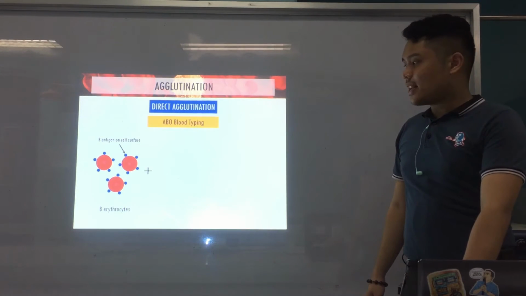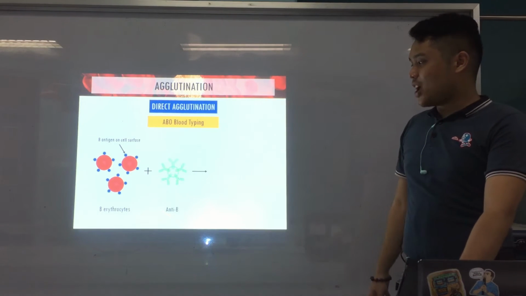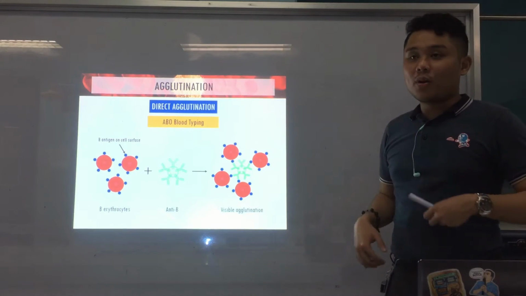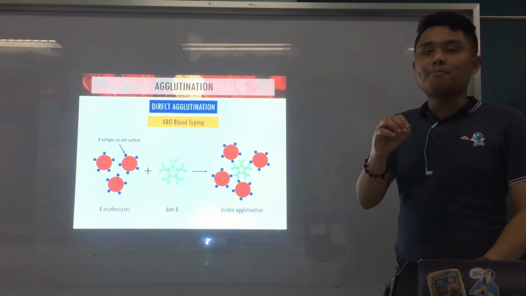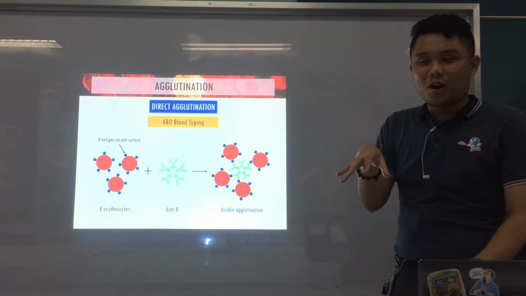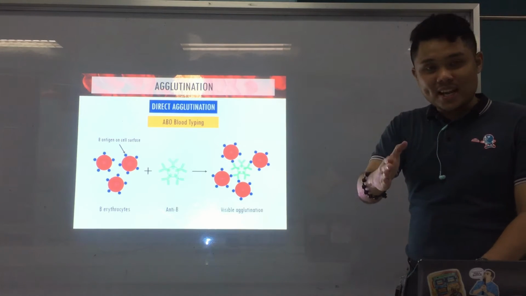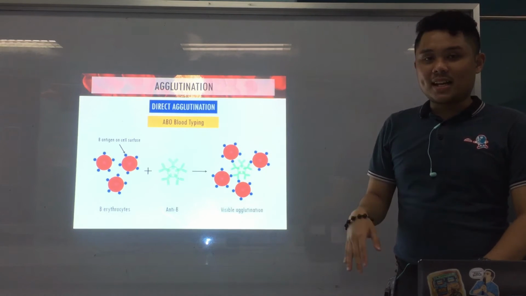And of course, your anti-sera, which is anti-B, in this picture looks like IgM, causes agglutination because they react. That is how we see it in blood typing. If there is clumping in the B circle or field, then you interpret it as blood group B, and then for Rh, whether it is B positive or B negative.